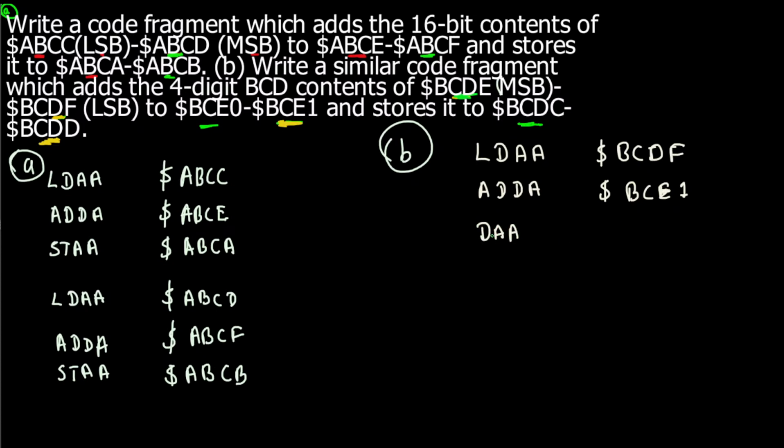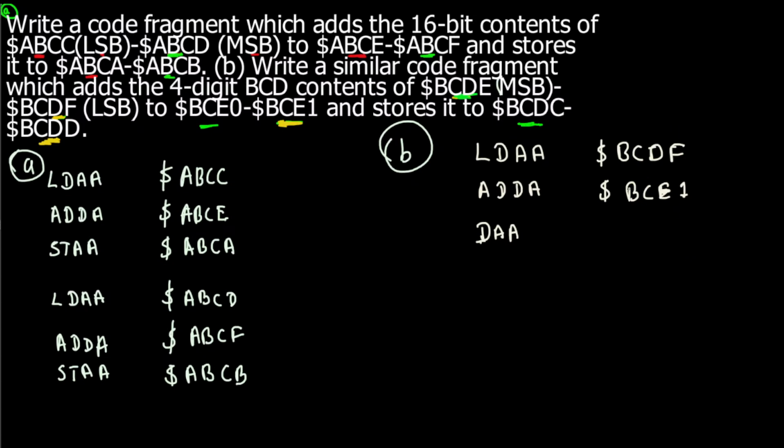What it does is decimal adjust accumulator A. It adds 6 to anything that goes above 9. For example, if the addition result is over 9, it does the correction by adding 6 to it.